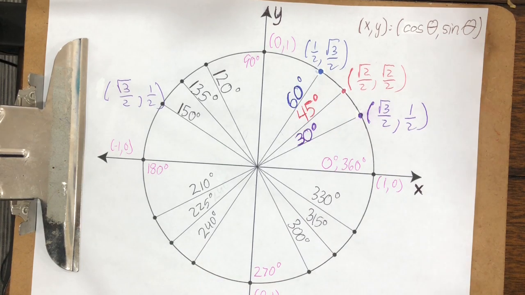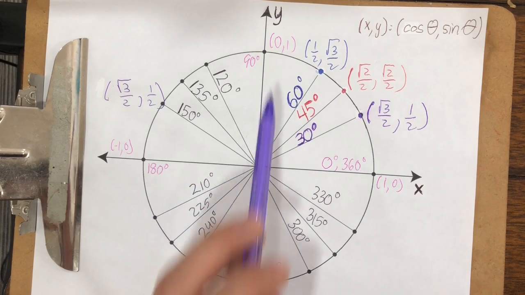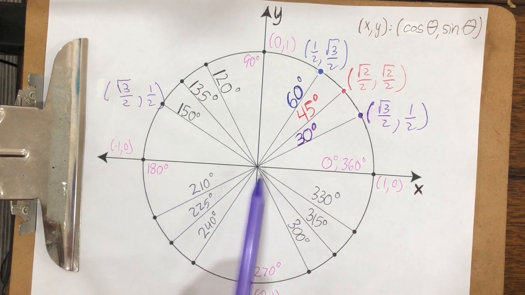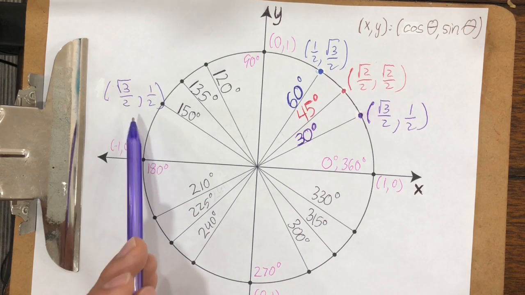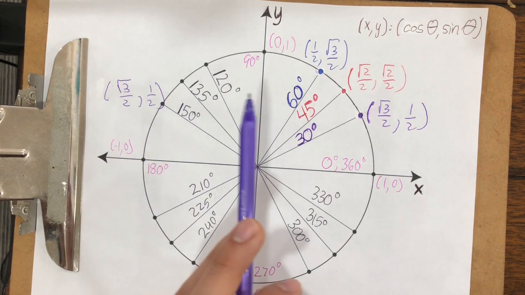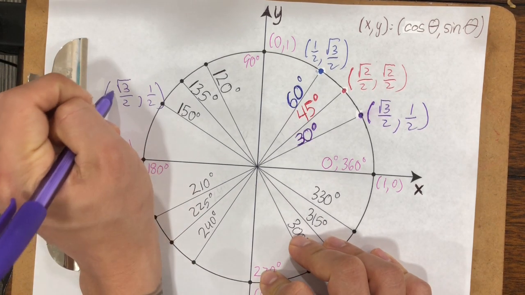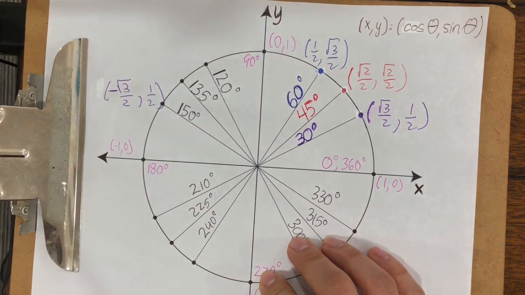Now, let's take a look at the position in the second quadrant. We're looking at the left side of the x-axis and the upward direction of the y-axis. Based on the position, the left side represents the negative side. So that means my x values in the second quadrant are going to be negative. So this root 3 over 2 is going to be negative, while the 1/2 stays positive.